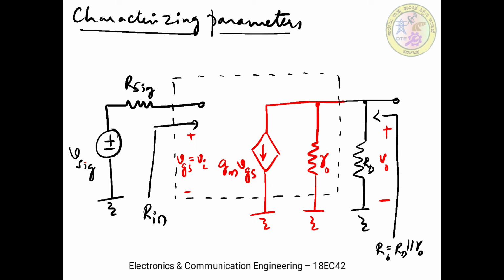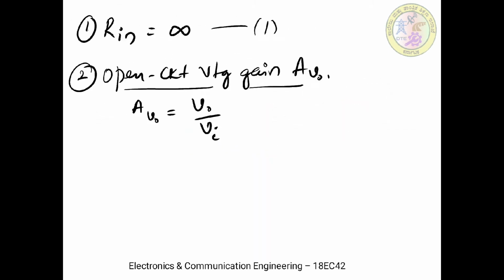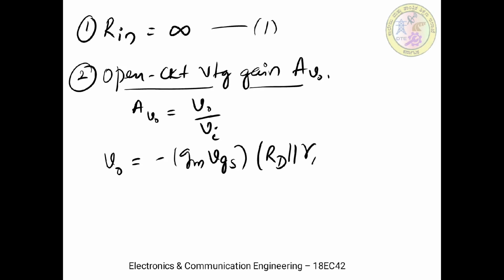So V0 is output current into output resistance. Output current is Gm into VGS, and output resistance is the parallel combination of R0 and RD. So V0 will be equal to minus Gm into VGS, which is in parallel with RD and R0.